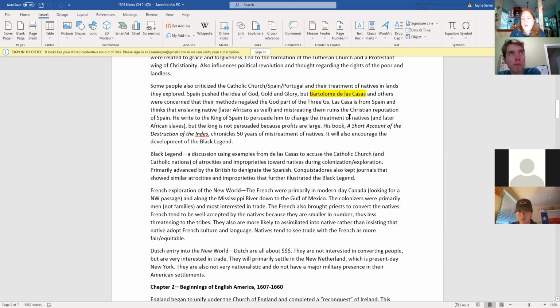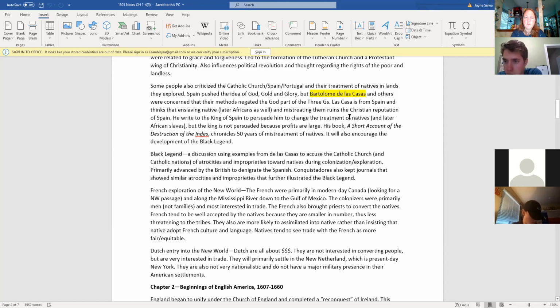It's pretty rough stuff. So he chronicles all this in a book called Destruction of the Indies, but it's really long. And he's sending it to the king, so the king will read it and say, oh my gosh, I can't believe we're doing this. We're misrepresenting the Church of God, and it's not good. But it was so long, he thought, the king will never read this.